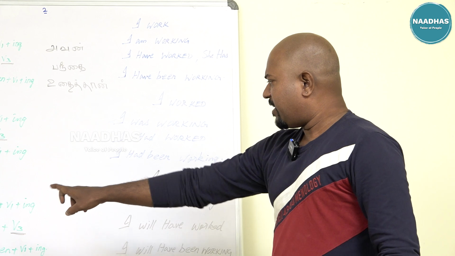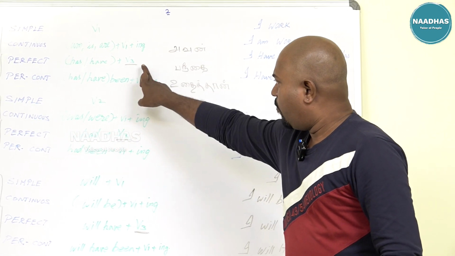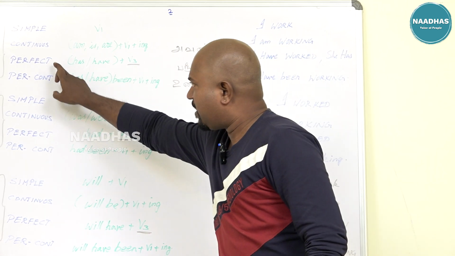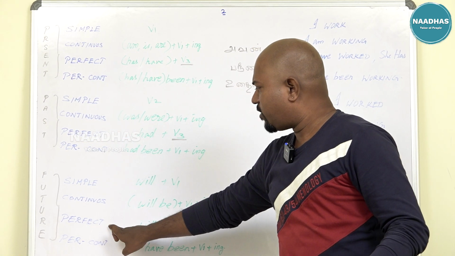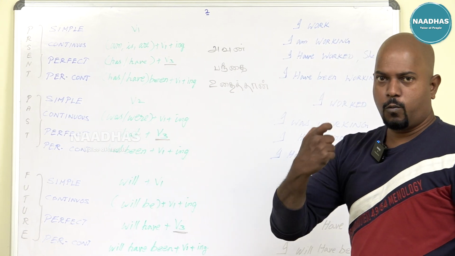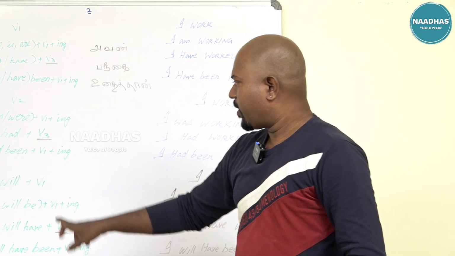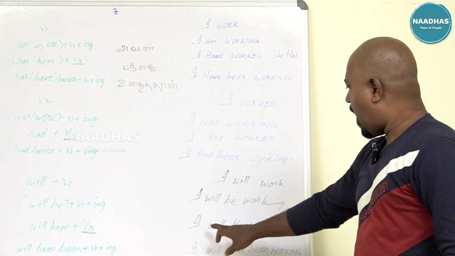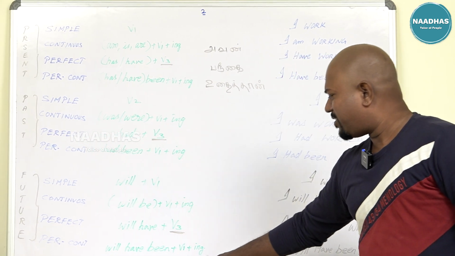And for the perfect tense, if you focus, we use the V3 form only for the perfect tense, whether it is present perfect, past perfect, or future perfect. We have to use the V3 form. So work, the V3 form is worked. So I will have worked. And again, for continuous, you have to use the ing form.